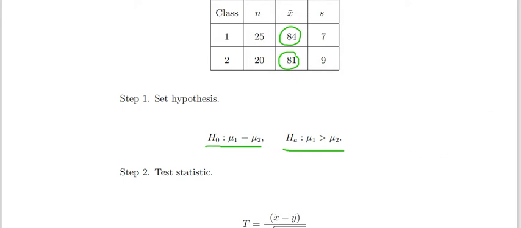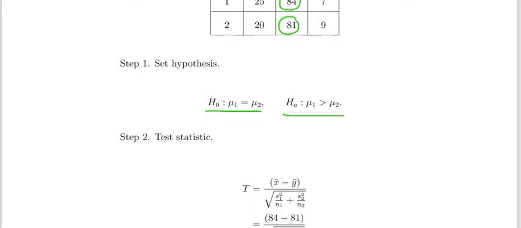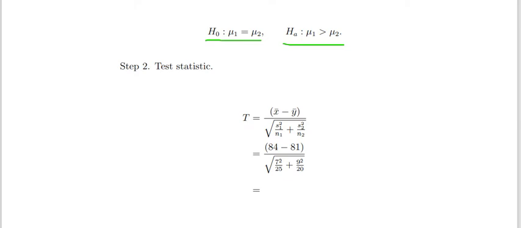Then find the test statistic: x bar minus y bar over the square root of s1 squared over n1 plus s2 squared over n2. So we just plug in: 84 minus 81.